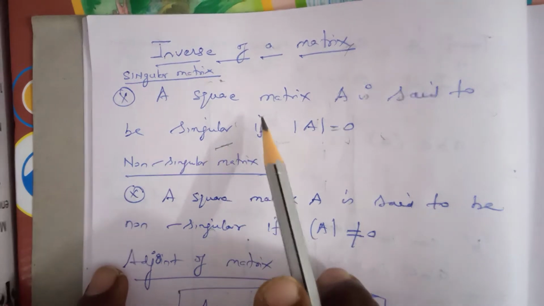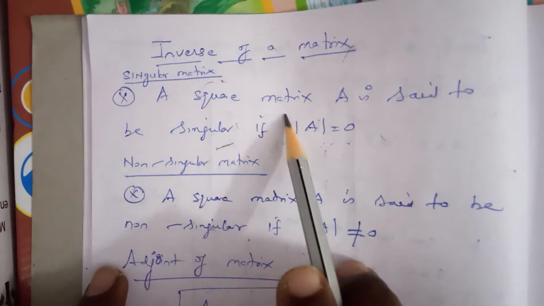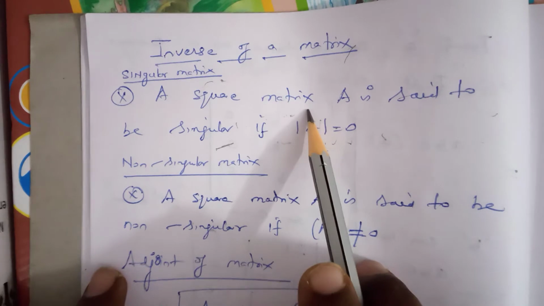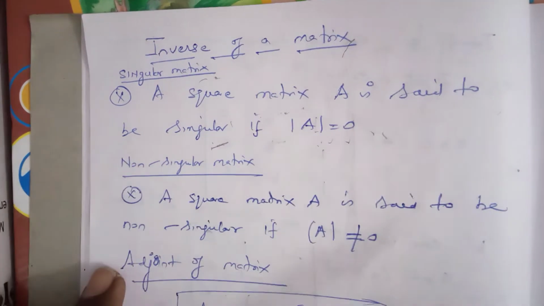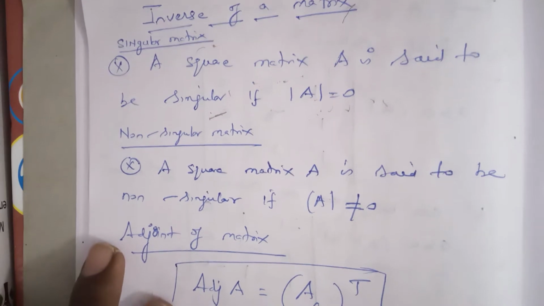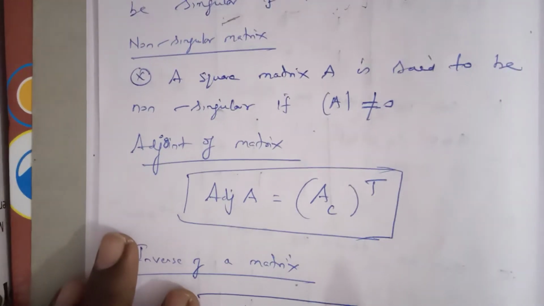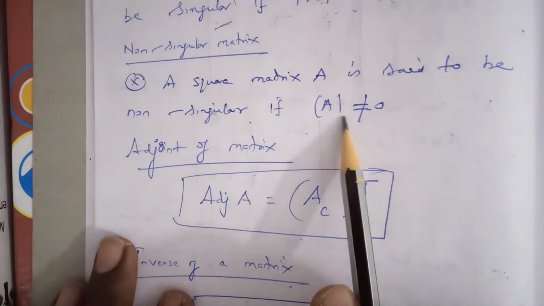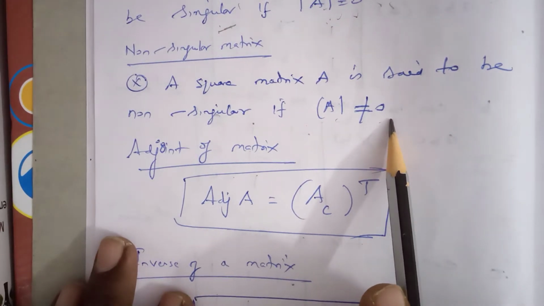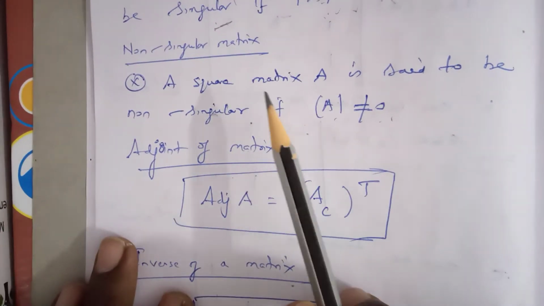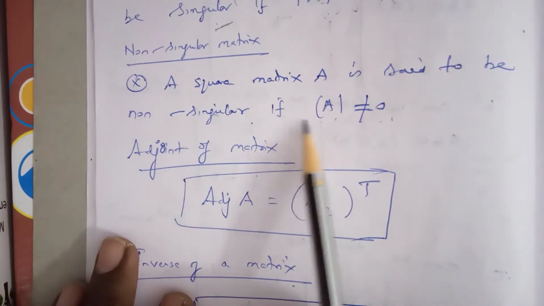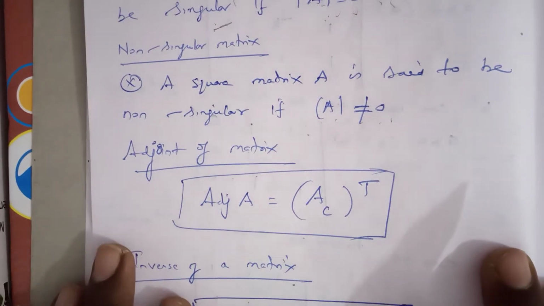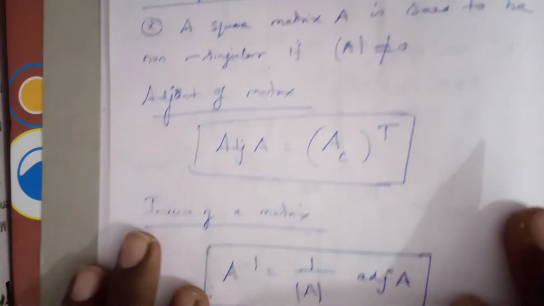Suppose the given square matrix, meaning a 2 by 2 or 3 by 3 matrix, has determinant equal to 0, then it is a singular matrix. A non-singular matrix is one where the determinant is not equal to 0. So a square matrix A is said to be non-singular if determinant of A is not equal to 0.